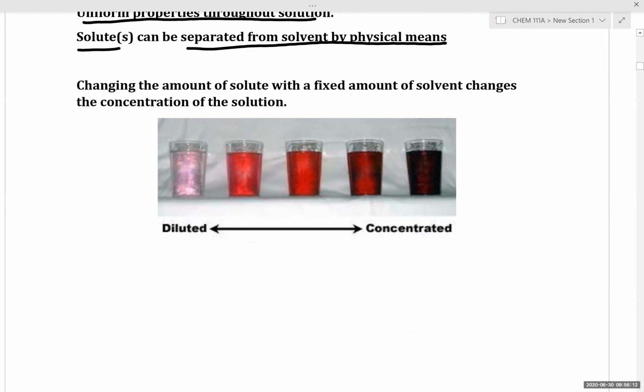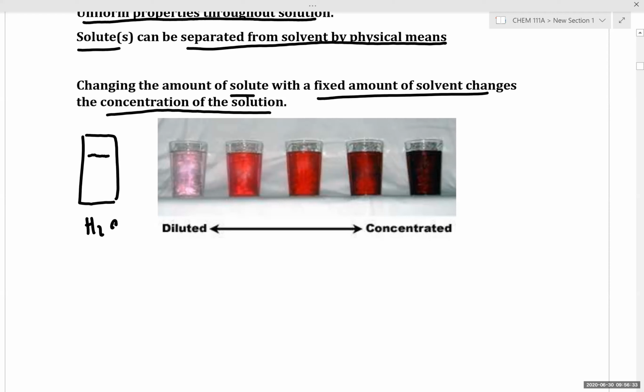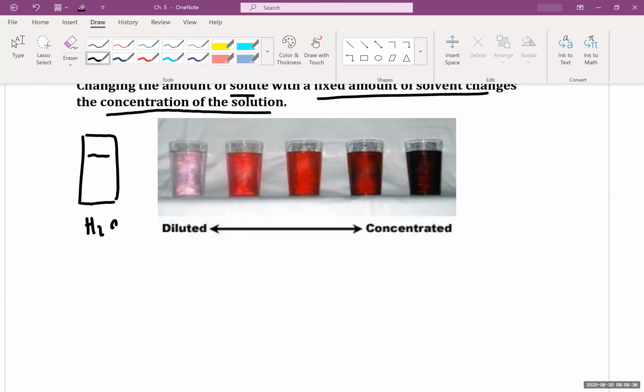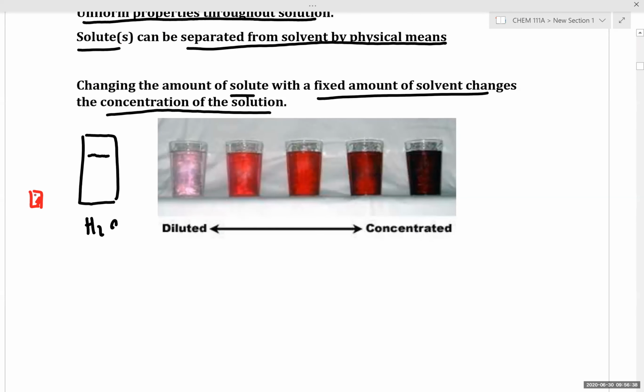Now, if you change the amount of solute with a fixed amount of solvent, you can change the concentration of the solution. Okay? So just to show an example of this, let's suppose we have our baseline cup containing water, and we add varying amounts of our dye.